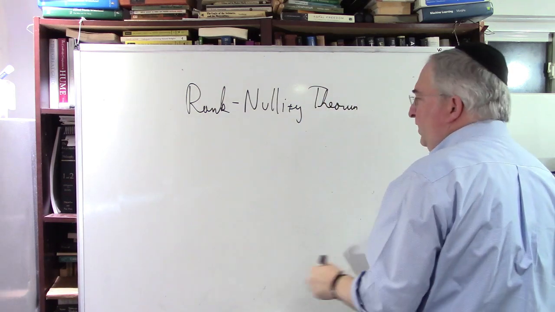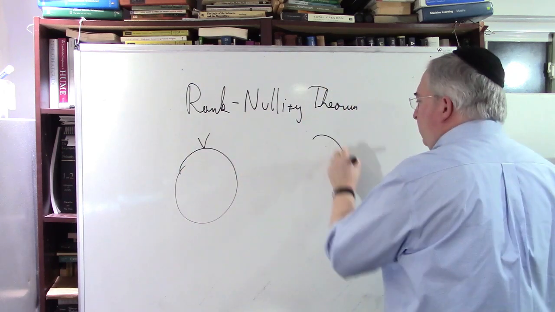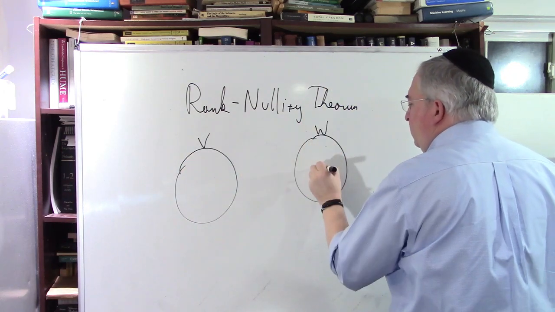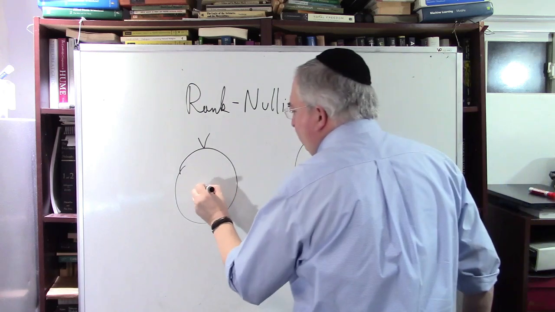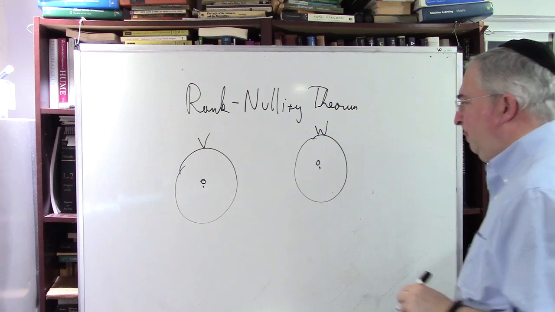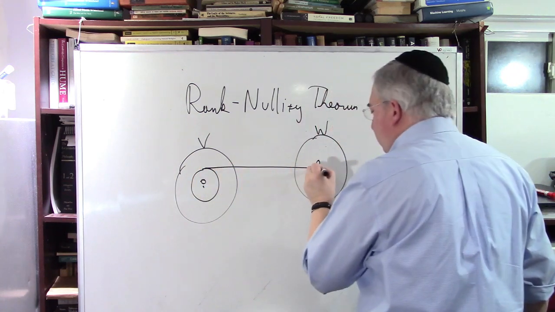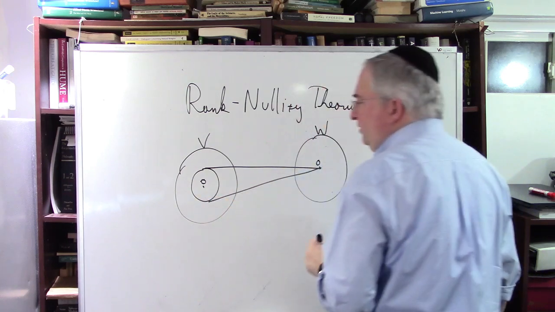Ready? Let's put up the picture that we had before. You have V, you have W, you have 0 of W, you have 0 of V. And we have a kernel over here, all those elements that go to 0.